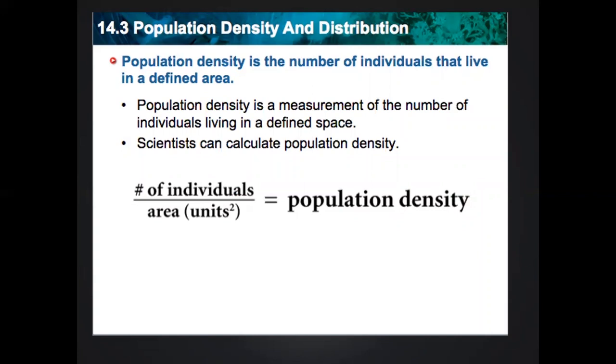Now, the population density is the number of individuals that live in a defined area. Population density is a measurement of the number of individuals living in a defined space. Scientists can calculate the population density. Population density equals number of individuals divided by area.